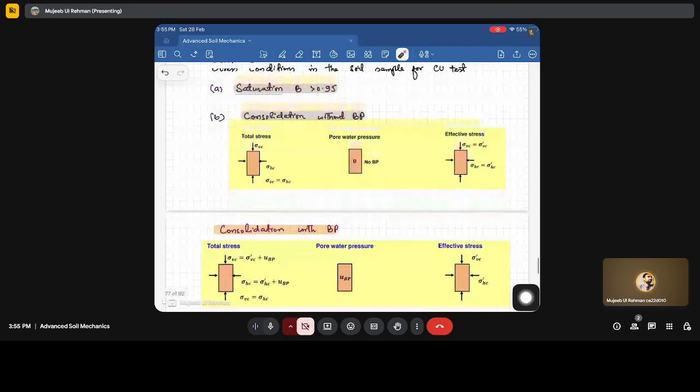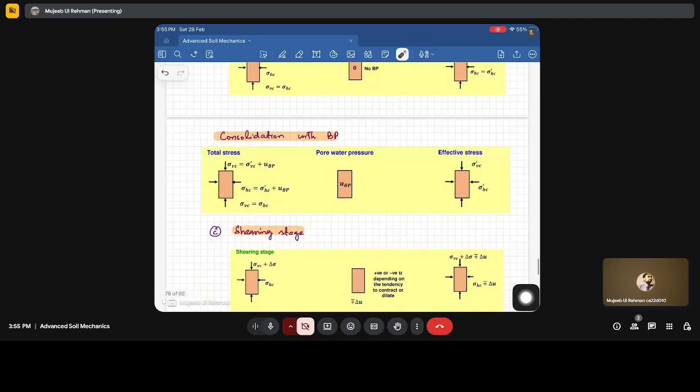Now if we have back pressure, the vertical stress is given by sigma dash VC plus the back pressure, u back pressure, and sigma HC is equivalent to sigma dash HC plus u at back pressure, and this will hold true.